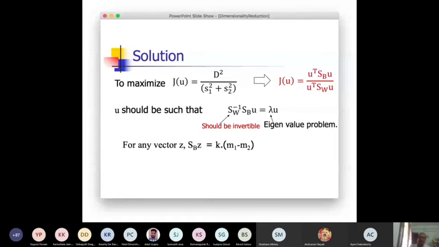So if I multiply SB U, it has to be a vector in the direction of M1 minus M2. So why is it so?